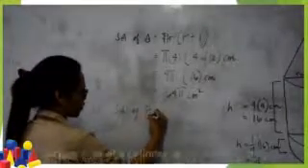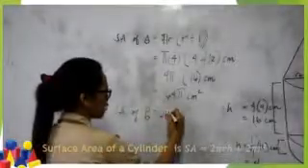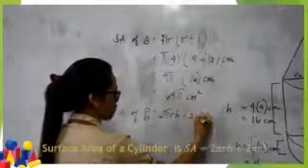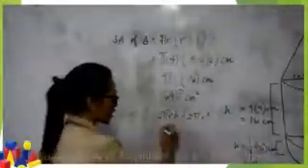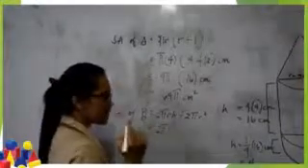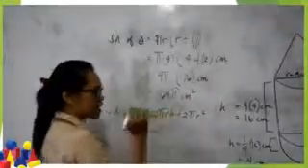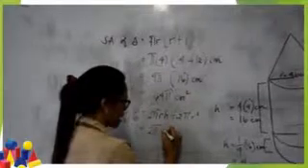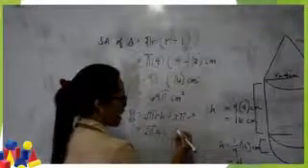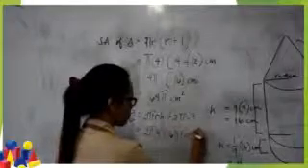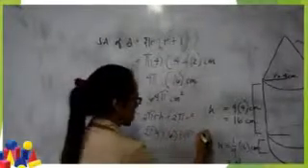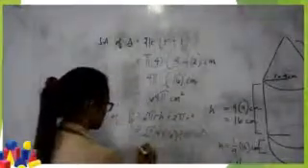Then let's solve for the surface area of the cylinder. Surface area of the cylinder is equal to 2 pi r multiplied by the height, plus 2 pi r squared. Then substitute the given in the formula. The radius is equal to 4 centimeters. Height of the cylinder is equal to 16, plus 2 pi times the radius 4 squared.